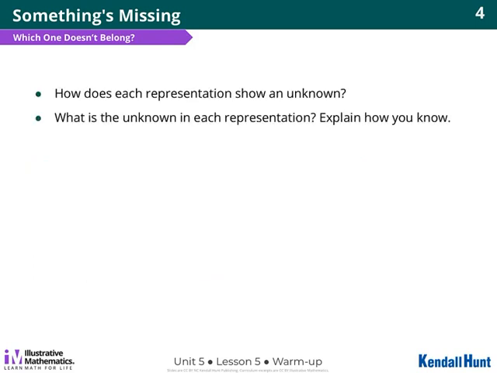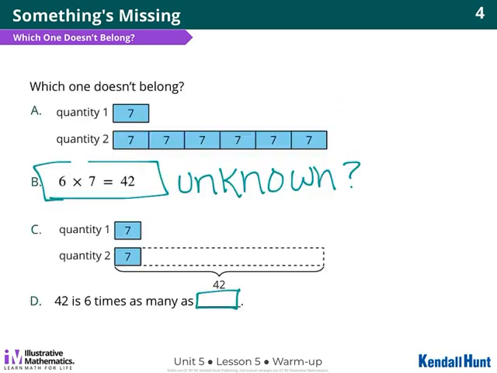What is the unknown in each representation? What is the unknown in each representation? Turn and talk. 3, 2, 1. Raise your hand to share. What is the unknown in each representation? All right, Cade.